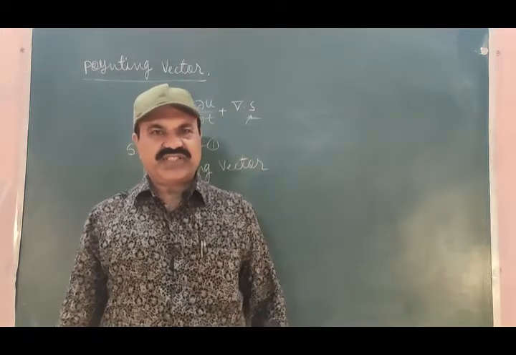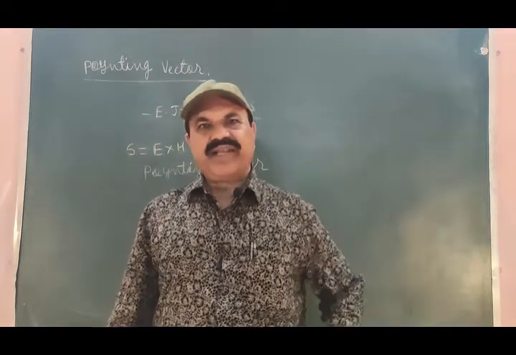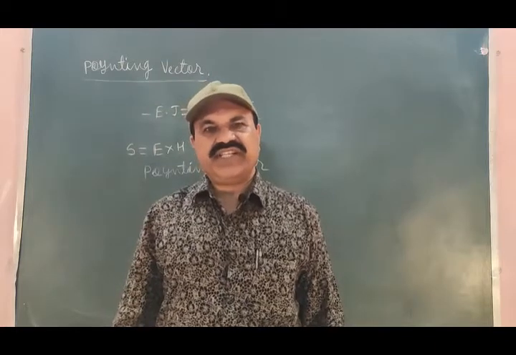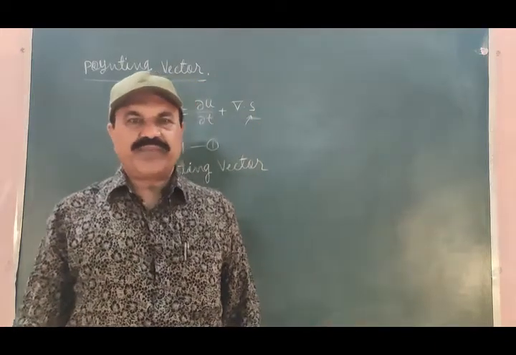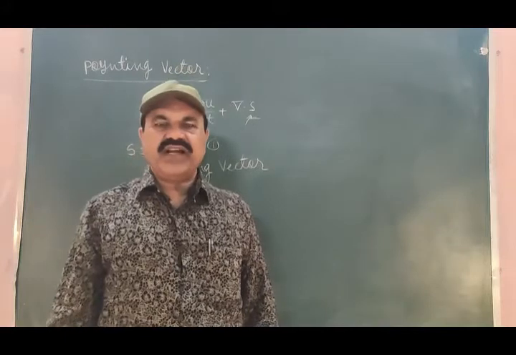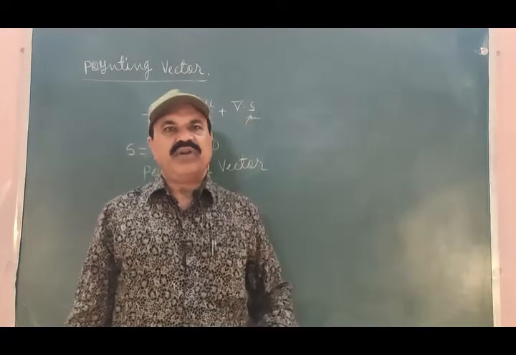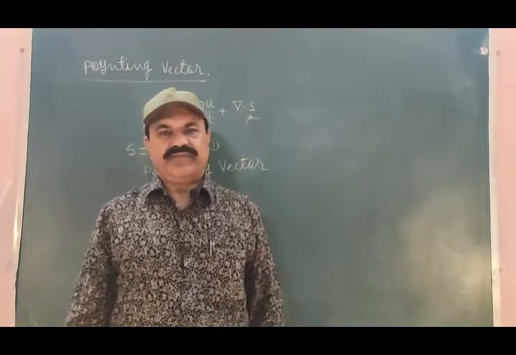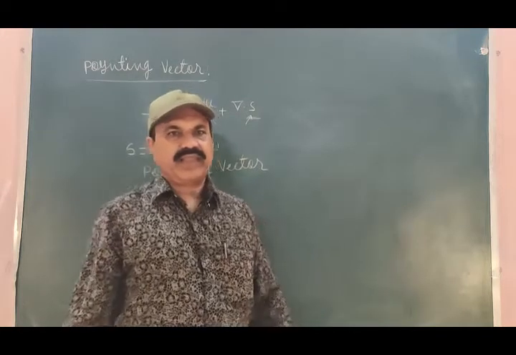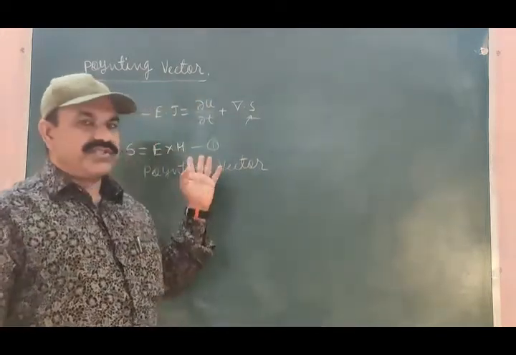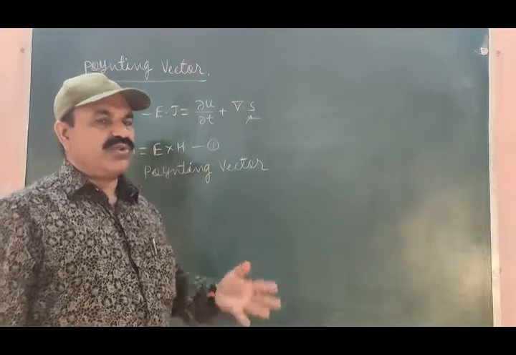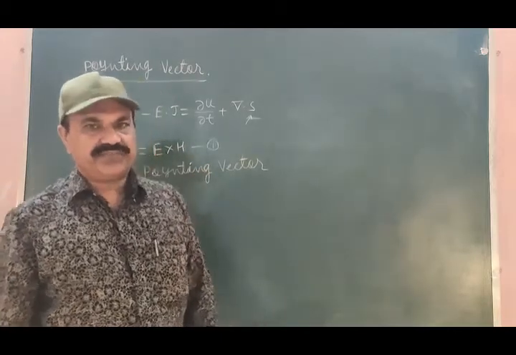Or this is the time rate of the electromagnetic energy crossing the area in a normal or perpendicular way. This is how we can talk about the Poynting vector.